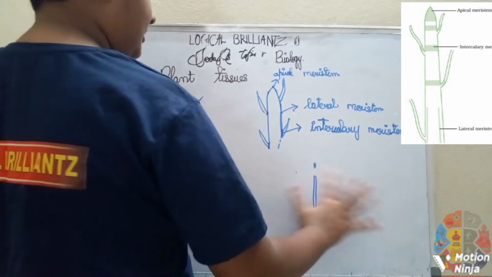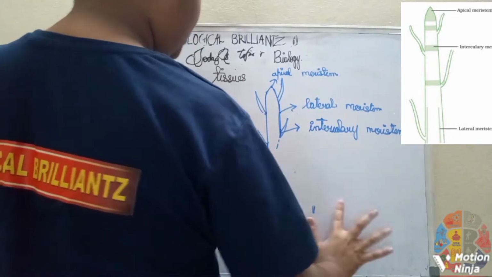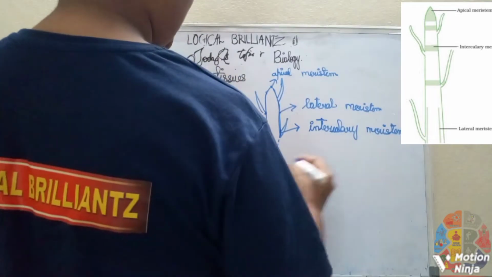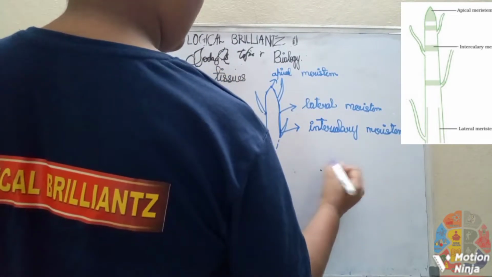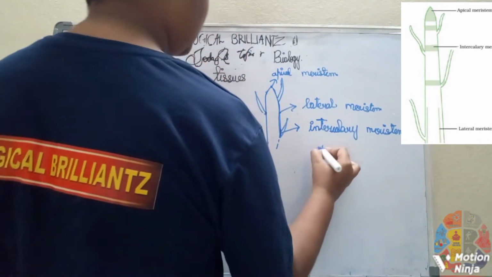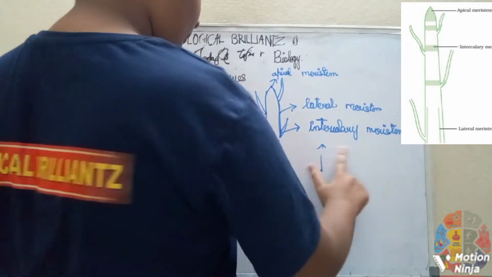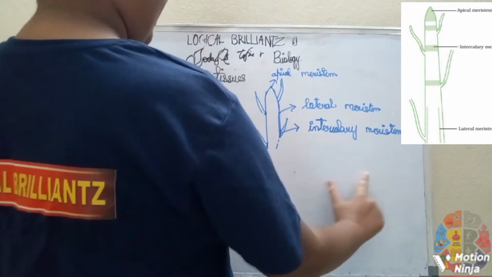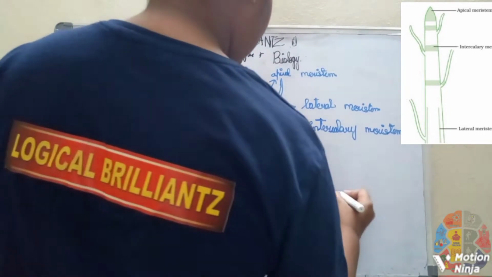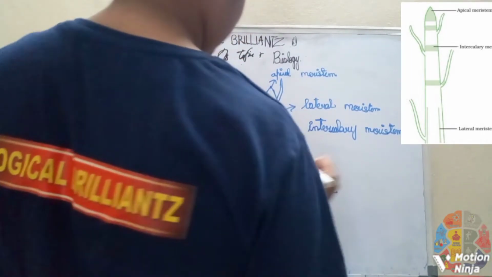And if apical meristem is not there, it's really a severe problem for the plant. Why? Because apical meristem helps in the growth of length in plants. If apical meristematic tissues are not there, it will be just this much.